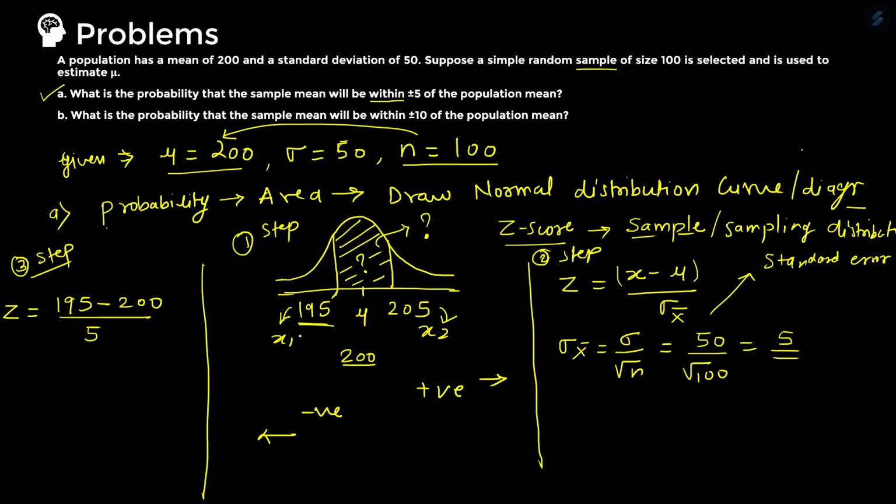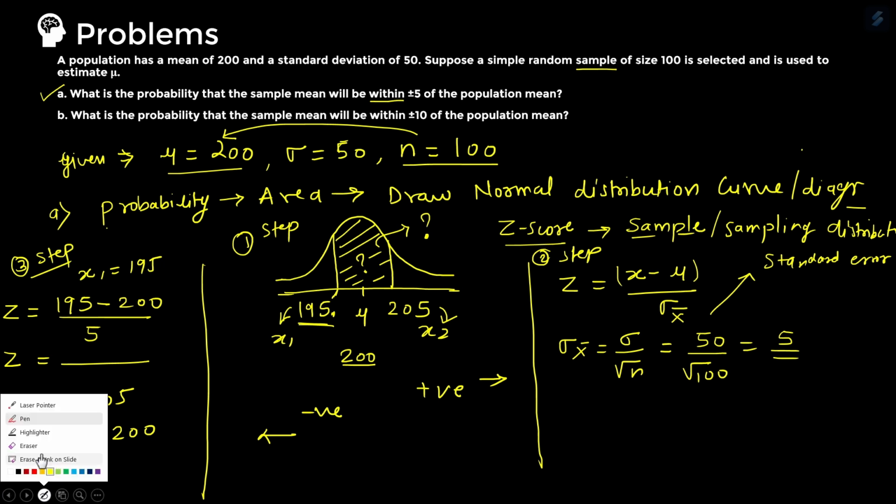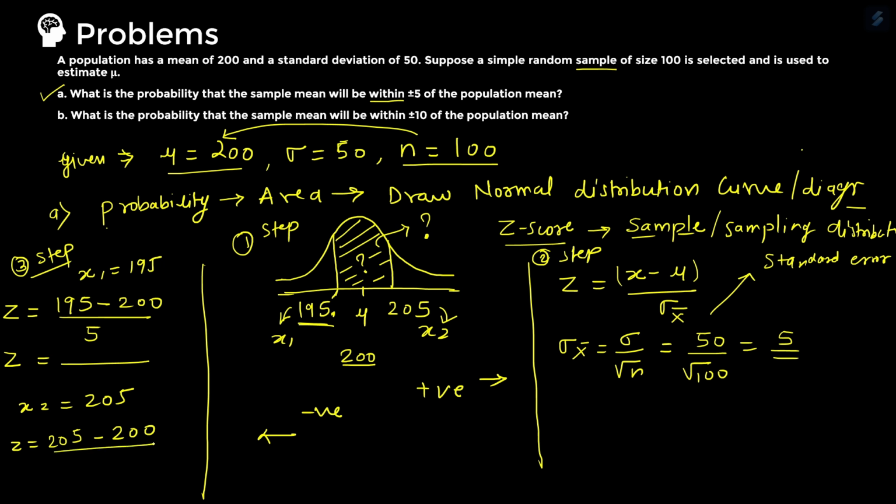You can denote it like this. So here in our case, x1 is 195, this range. For only this specific range we will calculate the z-score, and similarly for x2, which is 205, we will calculate the z-score: 205 minus 200 divided by 5.